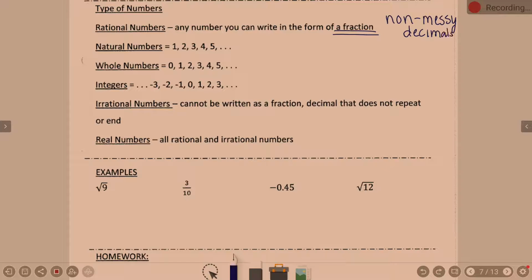And probably a better way to say it: decimals that end or repeat.